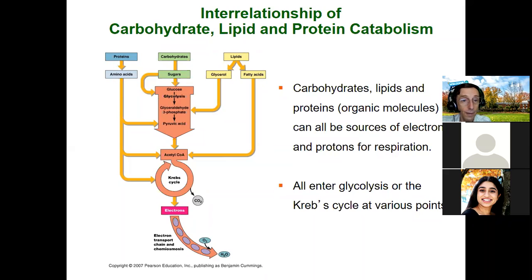Then depending on the amino acid, it will come into glycolysis someplace, or it will come into the Krebs cycle. For lipids, the glycerol will enter glycolysis. The fatty acids will be cleaved into 2 carbon units and converted into acetyl coenzyme A and then enter the Krebs cycle.